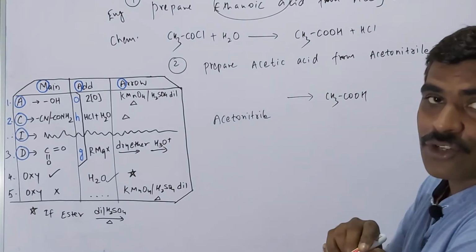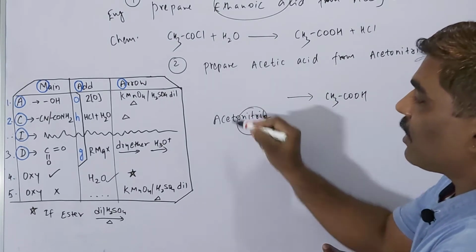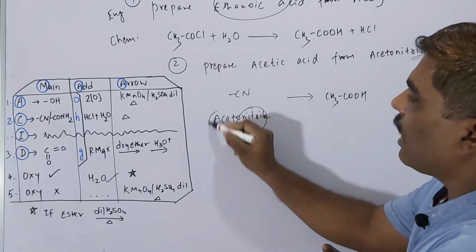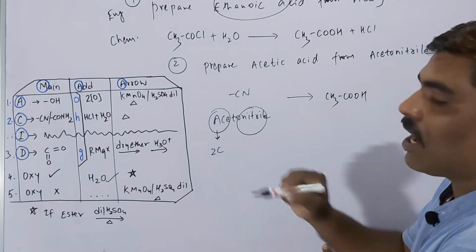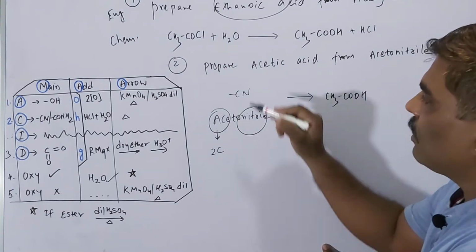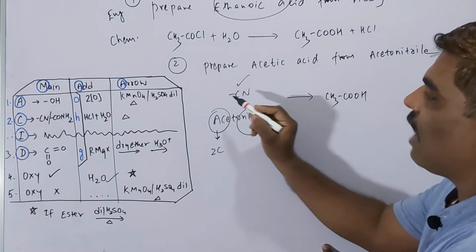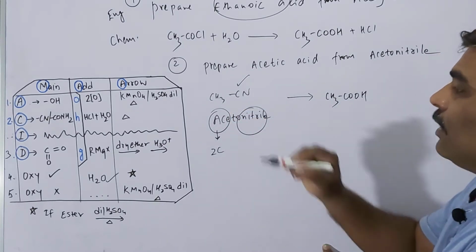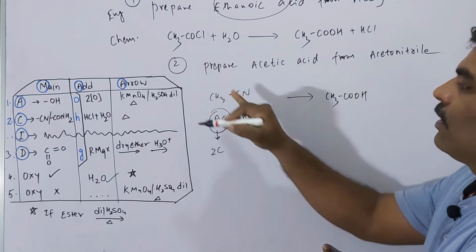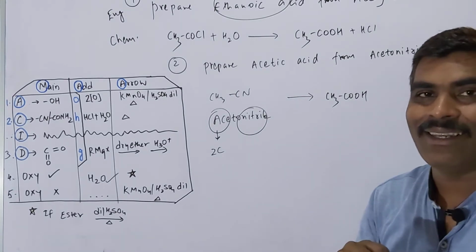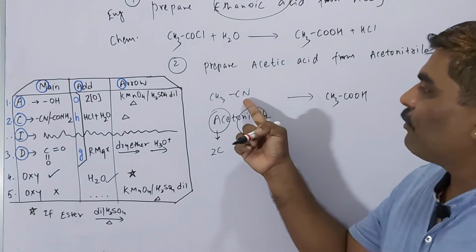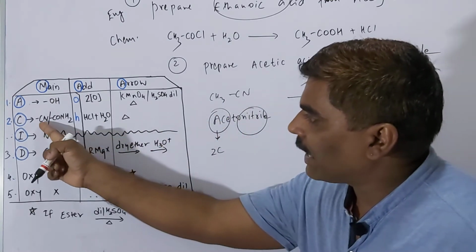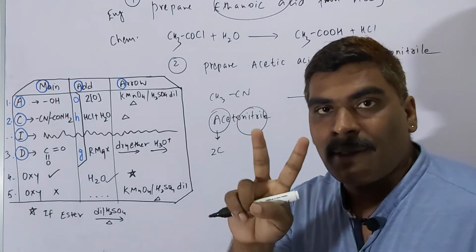How to write the structure? Nitrile means cyanide, so that you will write here. AC means what? AC means 2 carbon. If 2 carbon is there, so 1 carbon we already have, 1 more carbon is required. So we got the formula of acetonitrile. Now you try to find out where this cyanide is in the table. So this cyanide is here, second number, second method.